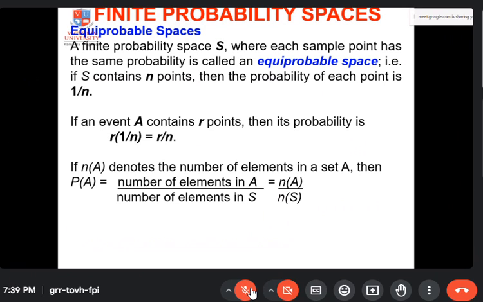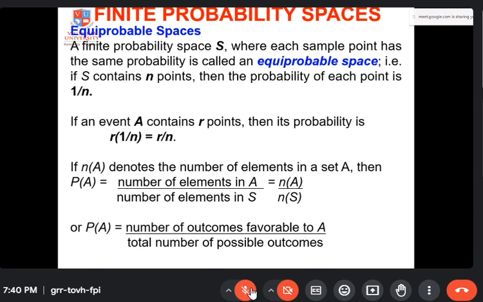So the probability of having a mathematics lecture is 3/7. Or we can say the number of outcomes for event A over the total number of outcomes gives the probability of that event. Okay?